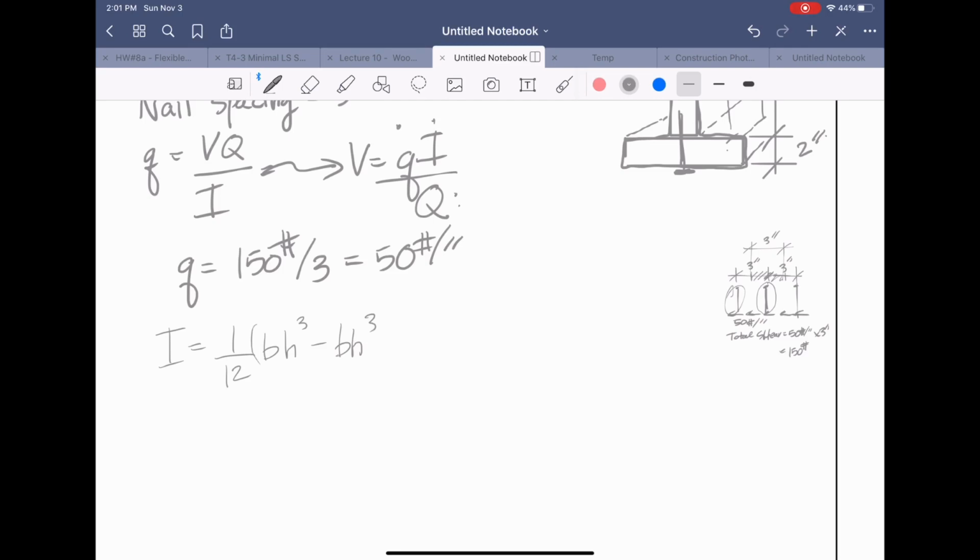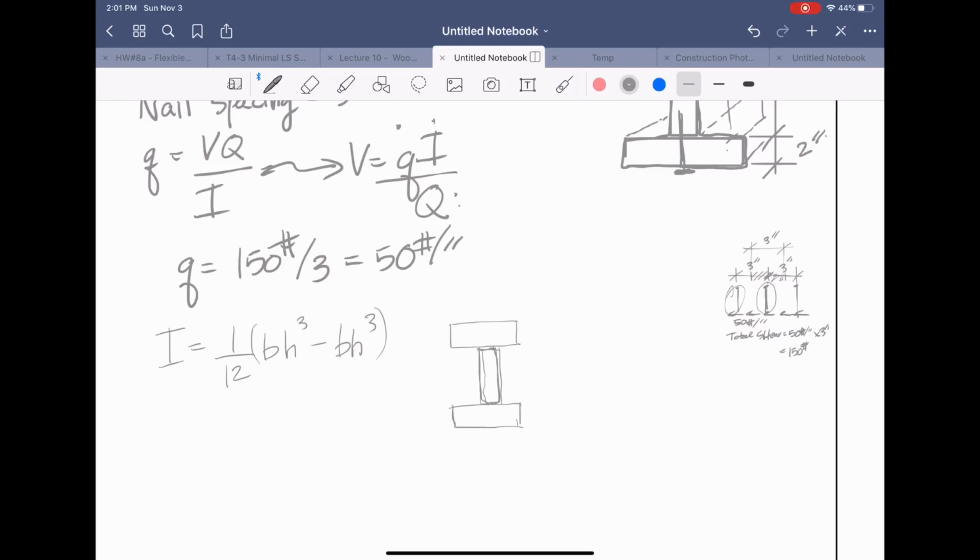For those of us that don't know the shortcut, it's really cool, so I'm going to draw it out. The shortcut only works if it's symmetric about both axes. Let me center this, sorry.